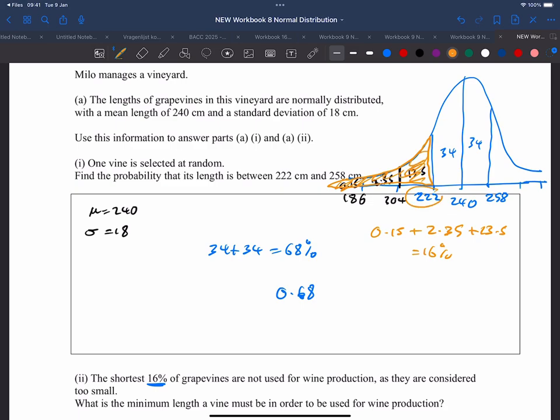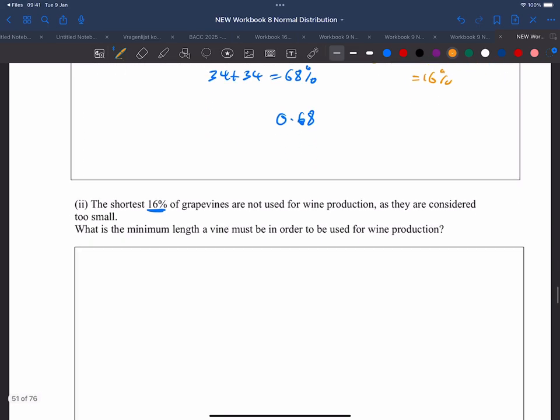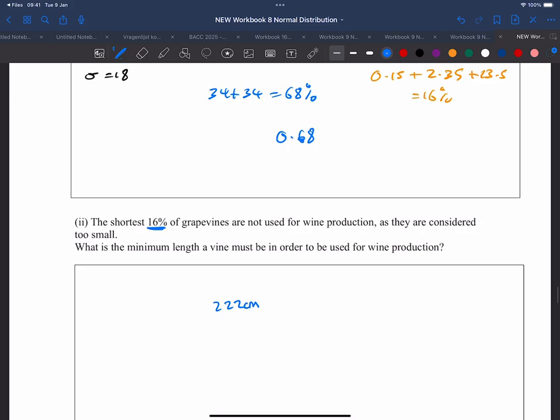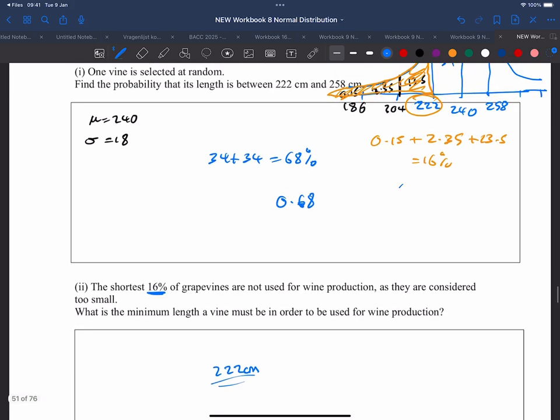And we know that that is this number here, which is going to be here. I'm going to write that down, and that means the smallest length is 222 centimeters. That's the smallest length, and that's how we do that question.